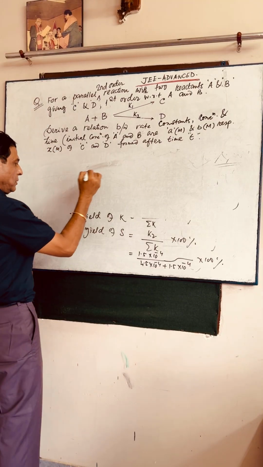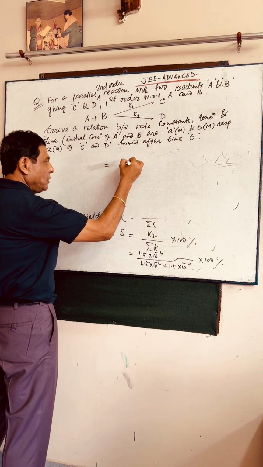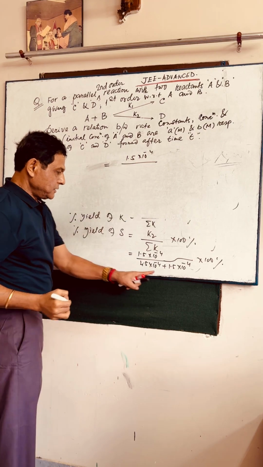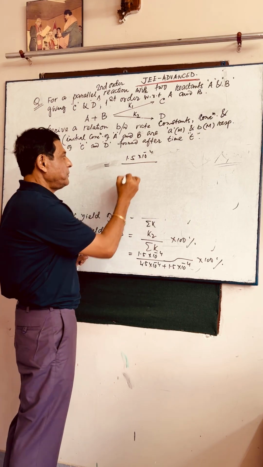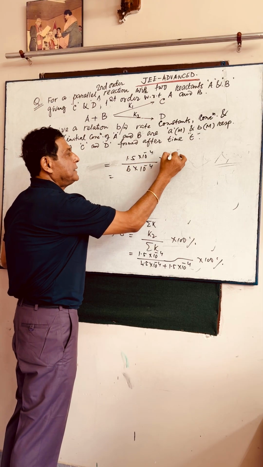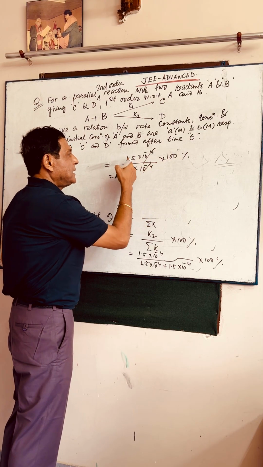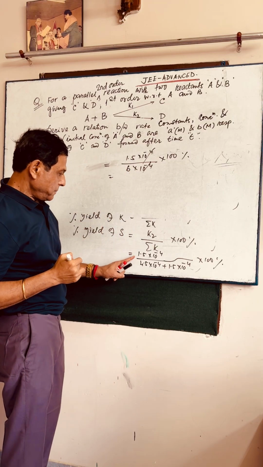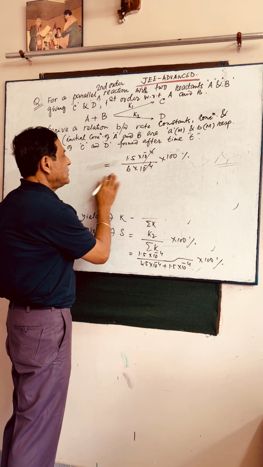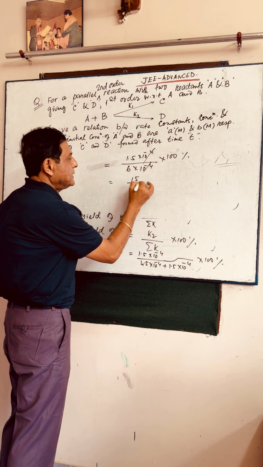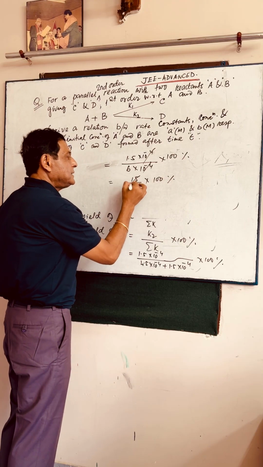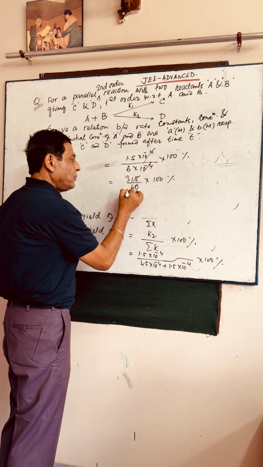So it equals 1.5 into 10 to the minus 4 by, you take 10 to the minus 4 common, 4.5 plus 1.5, that is 6 into 10 to the power minus 4, into 100. That is 1.5 by 4.5 plus 1.5, that is 15 by 60 into 100.